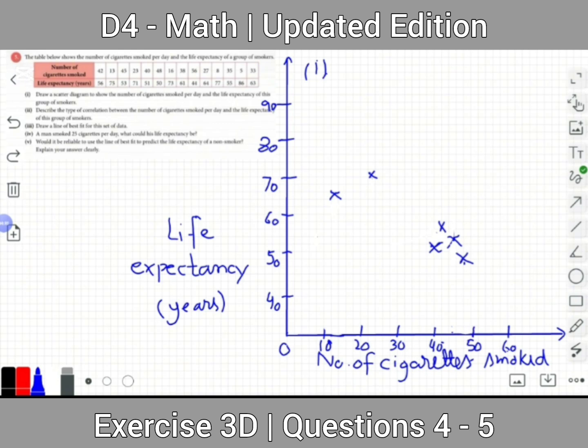Here we have 16 somewhere here, and from 16 to 73 we have 72, and here we have somewhere 73. Now for 38 and 61, here we have 38 somewhere here, and somewhere here 61.